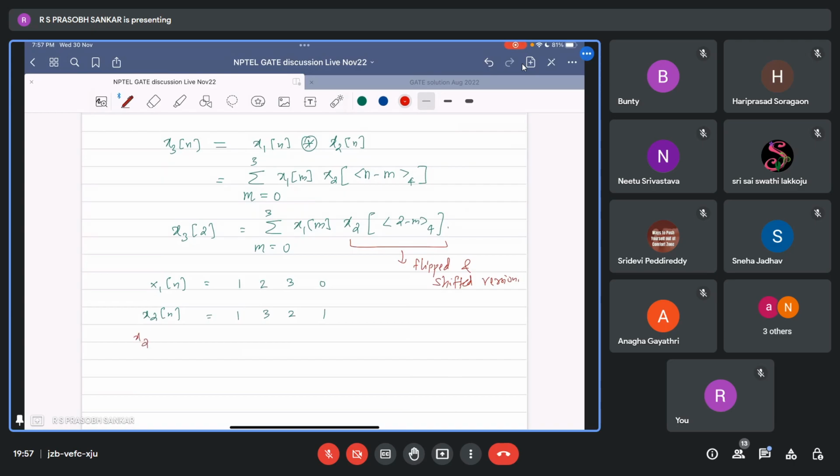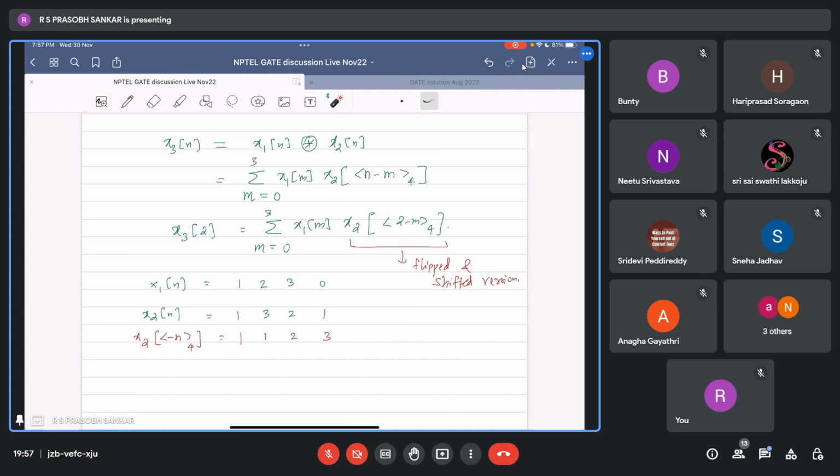So what do we have? I can first compute x2 of minus n, the circular reversal. That means the first element will be the same, but then the rest got flipped. This is okay, no? This is fine for everyone, right?